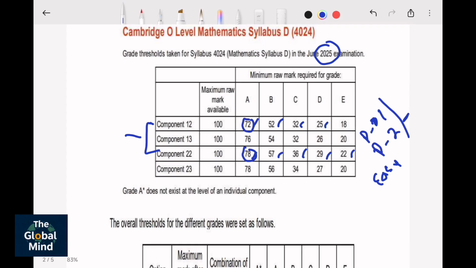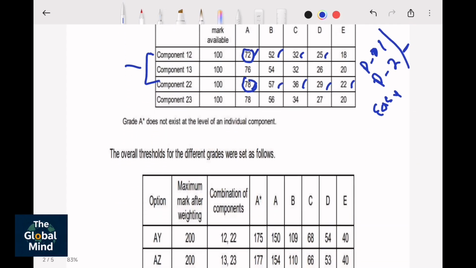So this is another analysis which we can see, that you should always focus more on component 1 2, because it is tough. It looks tough from this result. For students, in paper 2 2, they are getting marks, not only in 2026 but also in 2025. And when I checked 2024 and 23, the same trend was there as well. So you have to keep this in mind.